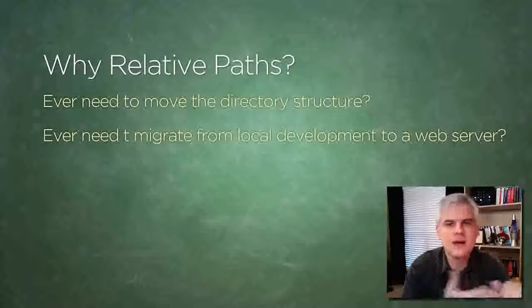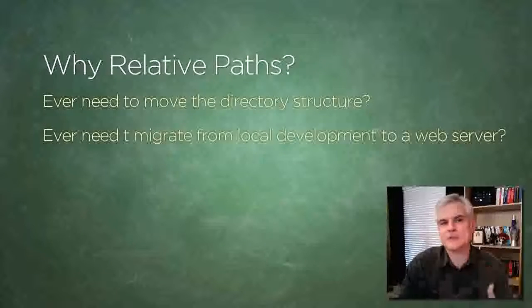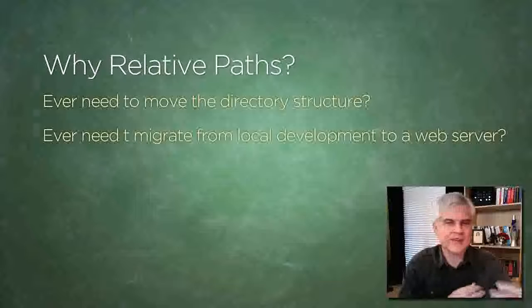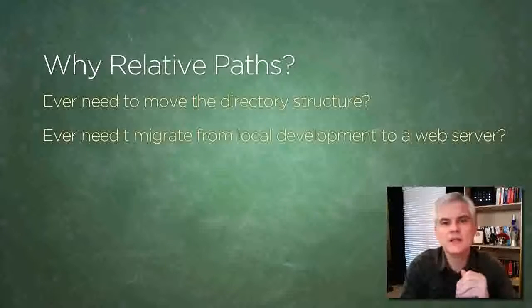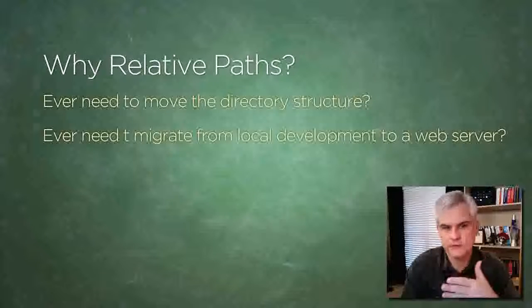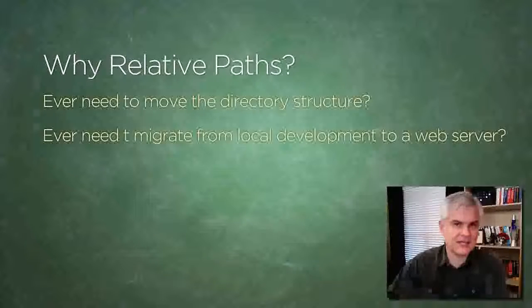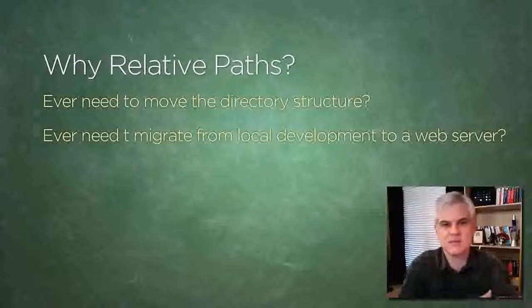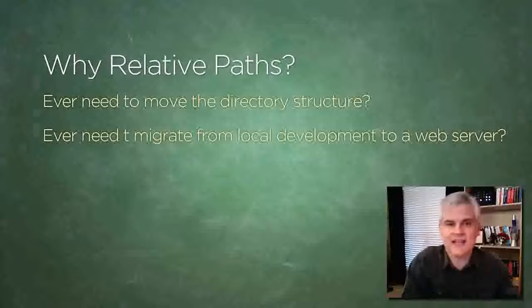So why not just use an absolute URL reference every single time instead of a relative URL and have to contend with all these navigating back and forth through the directory structure like we've been doing? Well, if the website should ever move, you'd simply need to keep the relative directory structure the same at the new server or location, and the same references are still valid in that case.